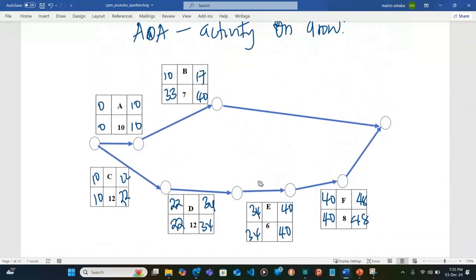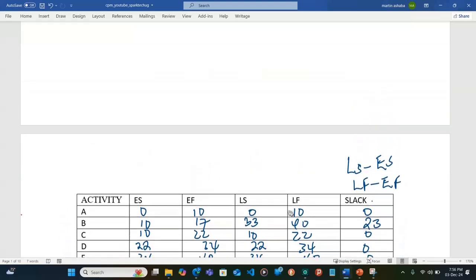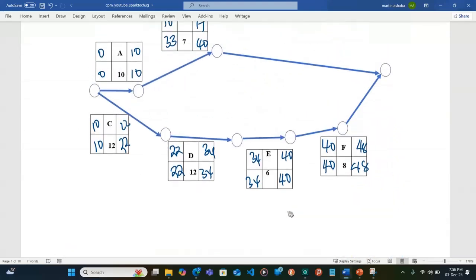Now, we need to get the project duration. If we say we are looking at A, C, D, E, F. So the total time is actually going to be the figure that we have here as the earliest finish time for this final activity.